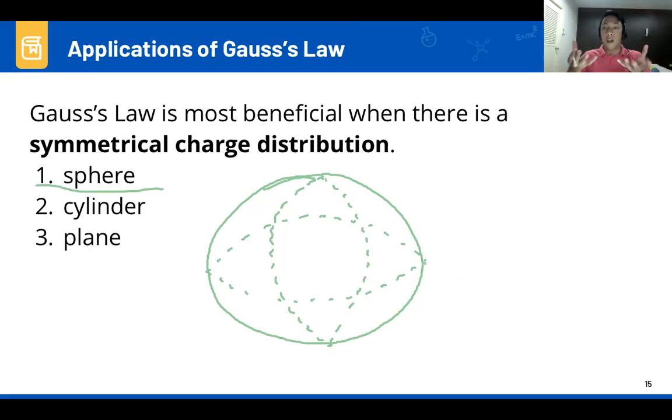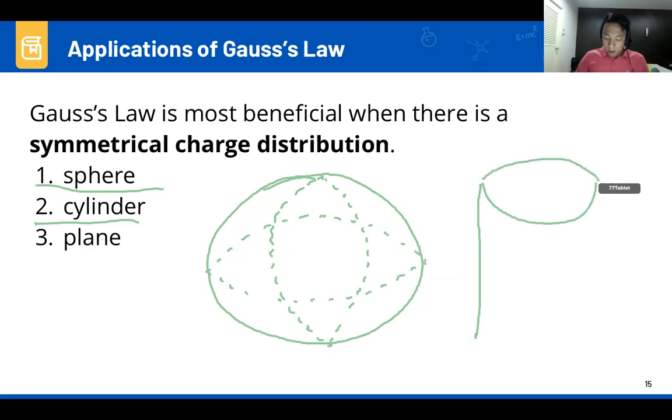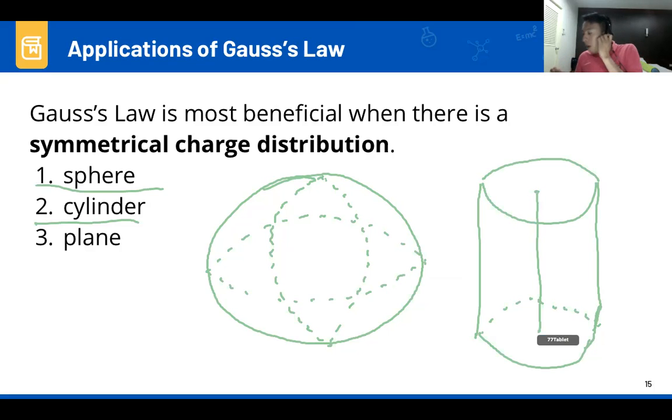It must be a 3D object. Then we have the cylinder. Yeah, it's a cylinder. Excuse me for that one. So we have here the sphere and the cylinder.